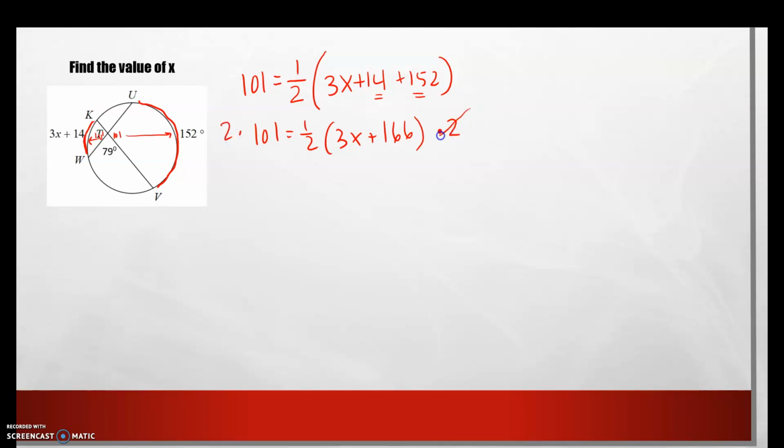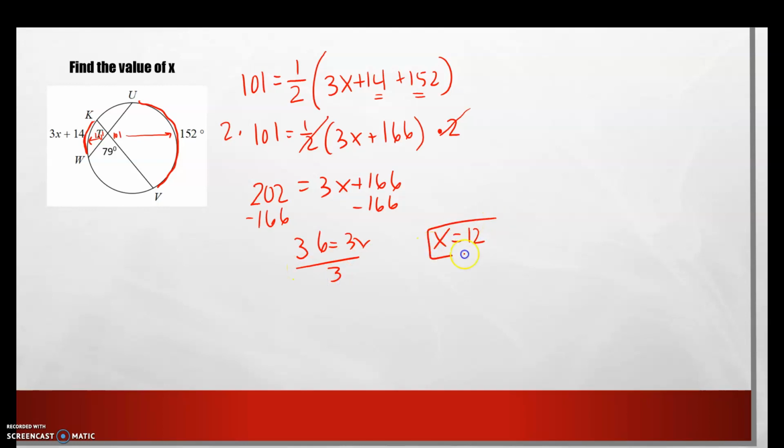And when I do that, my 2 and my 1/2 cancel, leaving me with 3x plus 166. And then 2 times 101 is going to give me 202. Then subtracting 166 from both sides, I'm going to get 36 is equal to 3x, and dividing both sides by 3, I get x is equal to 12.